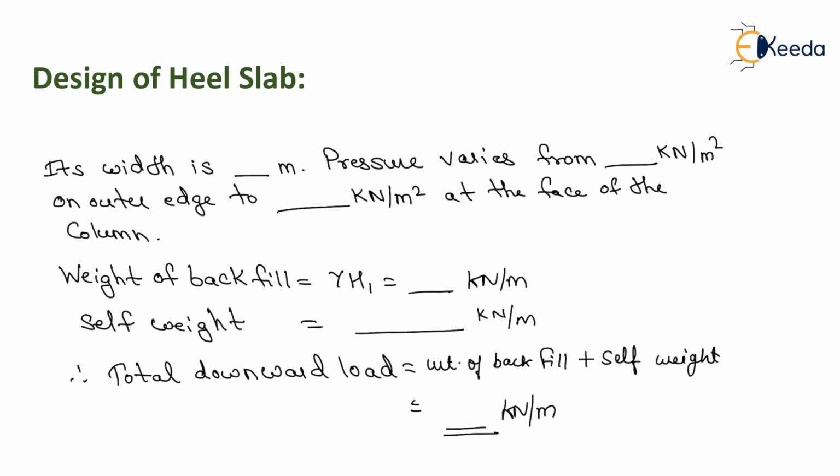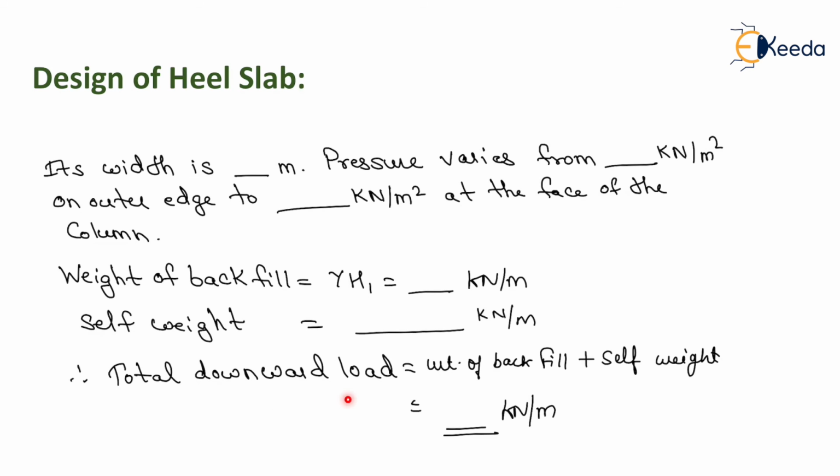Now design of heel slab. Its width is dash meter. Pressure varies from dash kilonewton per meter square on outer edge to dash kilonewton per meter square at the face of the column. Weight of backfill is given by formula gamma h1, calculated in kilonewton per meter. Now we will calculate self weight in kilonewton per meter.